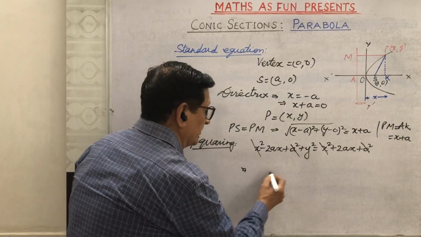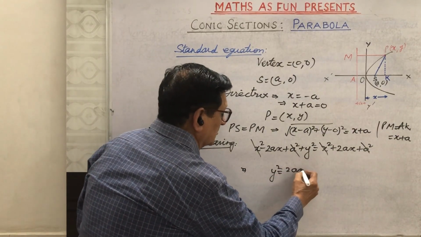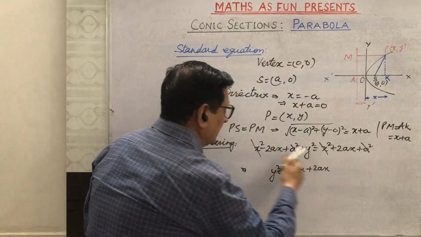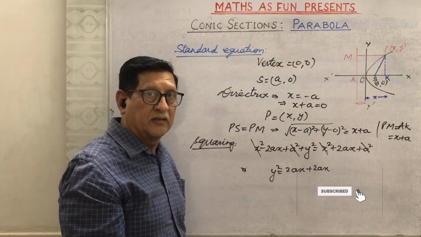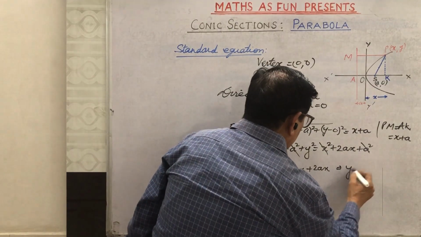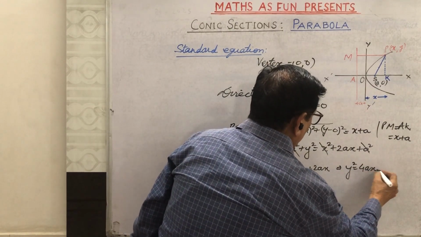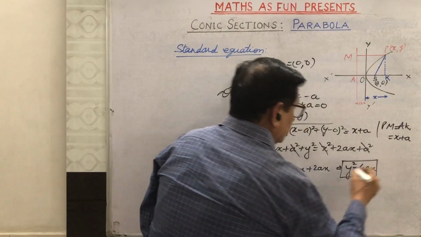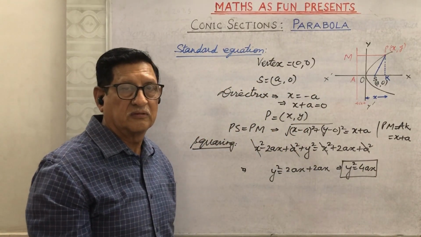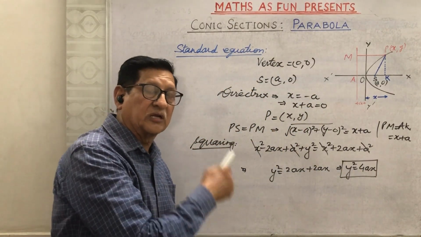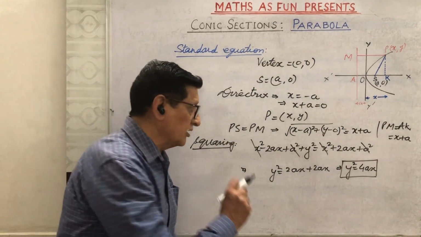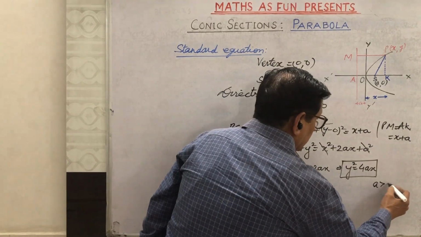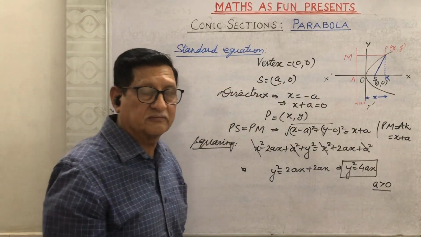Transposing the 2ax to the other side, we get y square equals 2ax plus 2ax. So we find that y square is equal to 4ax. This is the standard equation of the parabola. But we have to remember that a is greater than 0 in such a case.